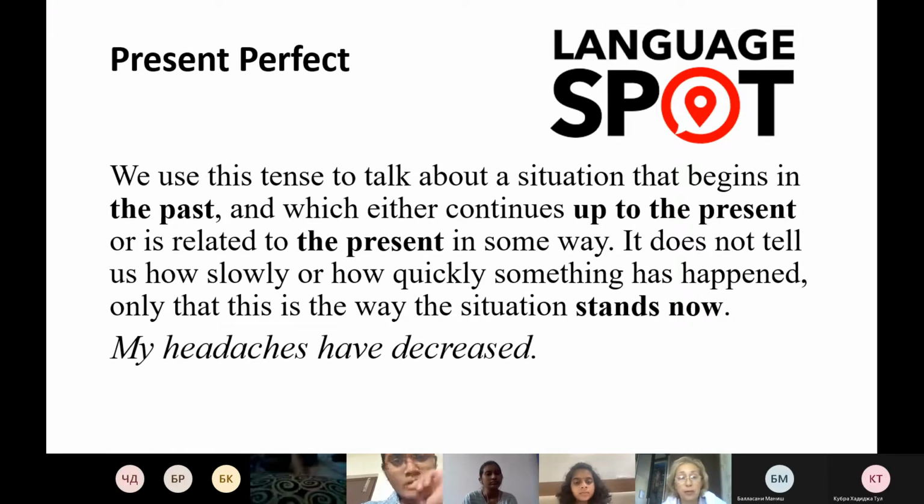It does not tell us how slowly or how quickly something has happened, only that this is the way the situation stands now. The example is, my headaches have decreased. So it means that the headaches started in the past and they've changed. The character of headaches has changed up to now.